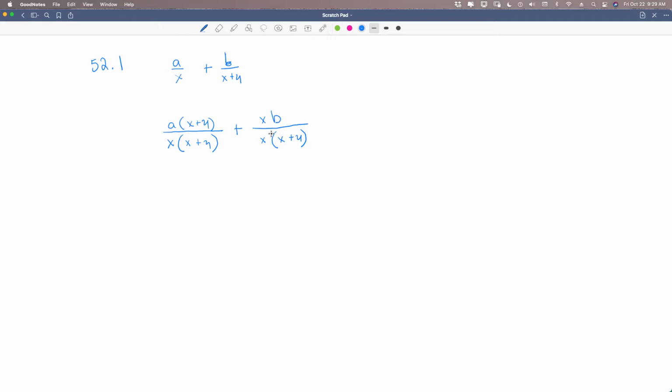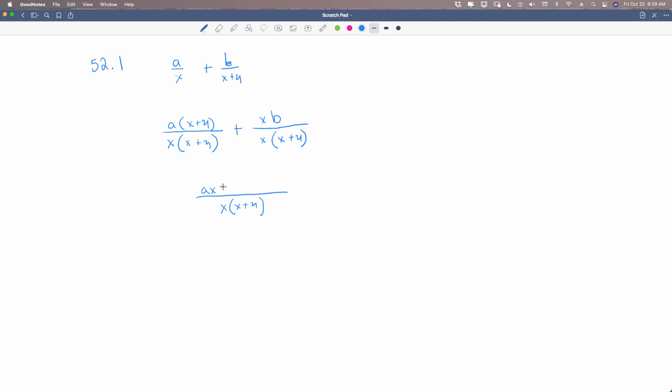So now what we need to do is distribute. But the first thing we're going to do before we distribute is write this all as one fraction. Now that they have a common denominator, we can do that. We can say x times x plus y. And now we can distribute. A times x is ax.